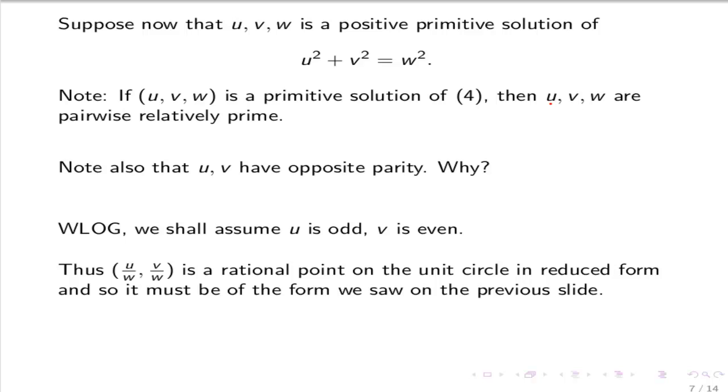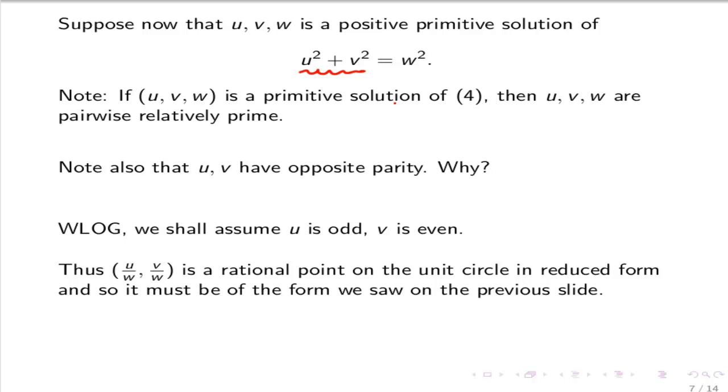Because if any two of these numbers, say u and v, shared a common prime factor p, that would say that p squared is a divisor of the left-hand side, and therefore p squared would be a divisor of the right-hand side, and that would imply that p is a divisor of all three numbers. But our assumption is that there is no common divisor of all three numbers.